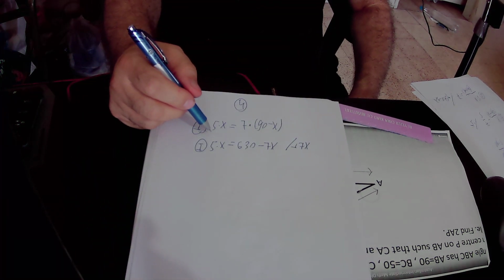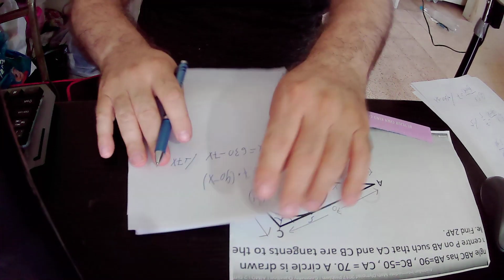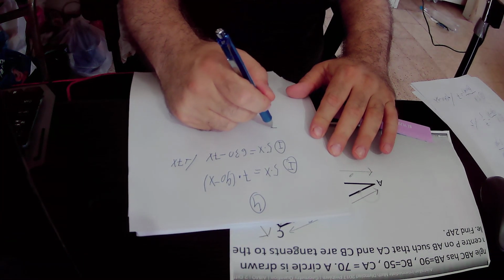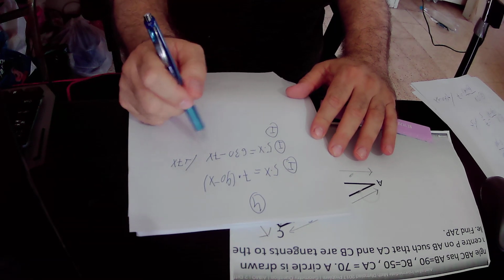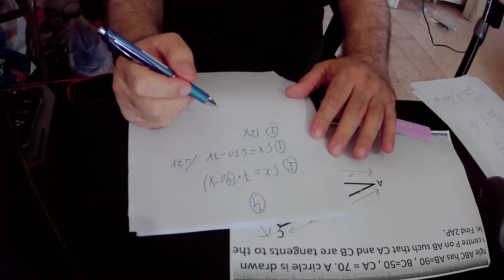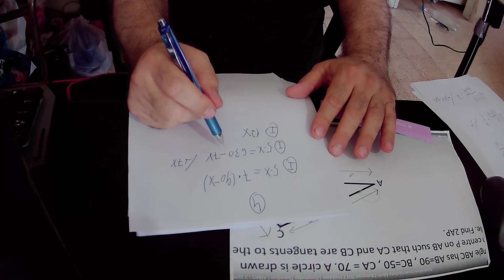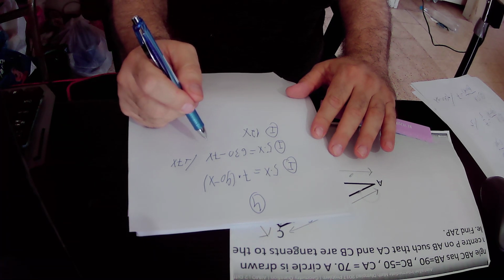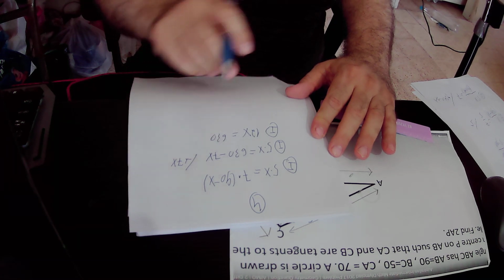First of all, 5x plus 7x is 12x, and 630 minus 7x plus 7x equals 630.